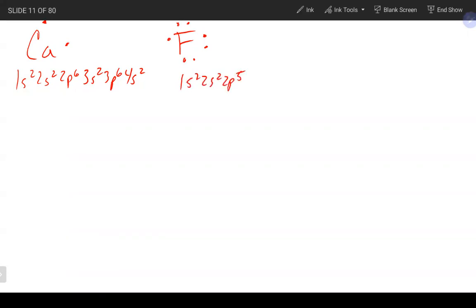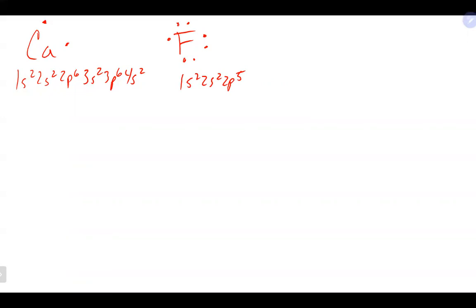So at this point, what's going to happen is our calcium is going to take an electron and send it over to fluorine. At this point, can the fluorine here take any more electrons? It cannot, right? It just basically filled up with 8. Is that going to make calcium happy by only losing 1 electron?